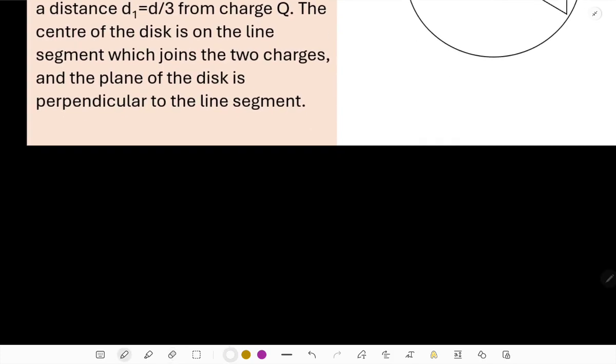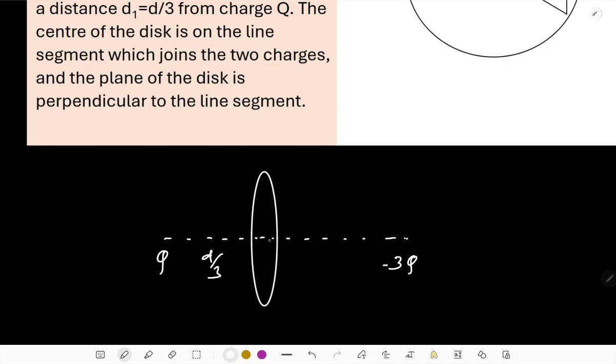If we look at the problem itself, the charges q and minus 3q are placed at a distance d in vacuum, and there is a disk like this at a distance d by 3 from the charge q, and its distance from minus 3q is 2d by 3, because the distance between the charges q and minus 3q is d.